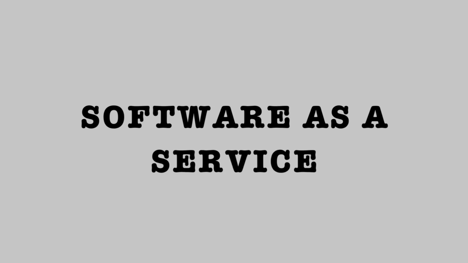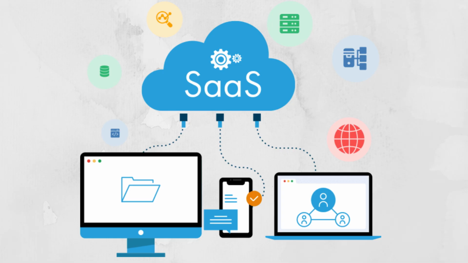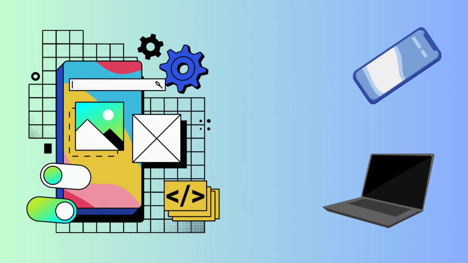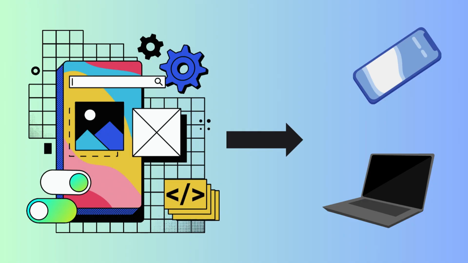Finally, we have software as a service. With this model, the cloud provider offers an already built and ready-to-use application directly to end users. Think of it as the provider building their own app and making it available for you to use immediately. A common example is Gmail.